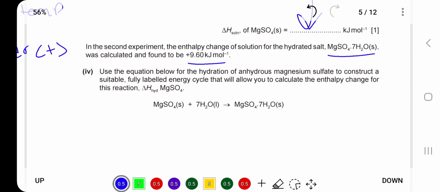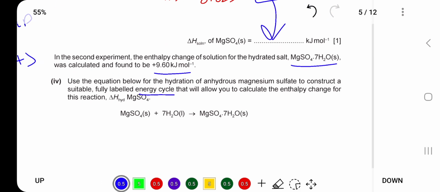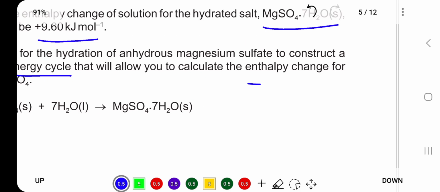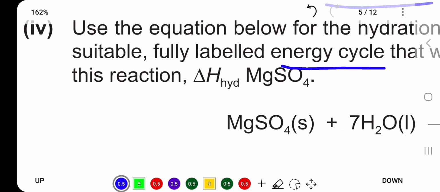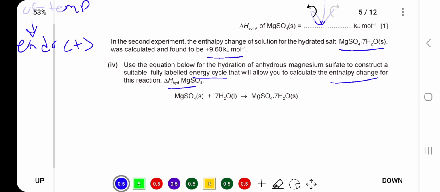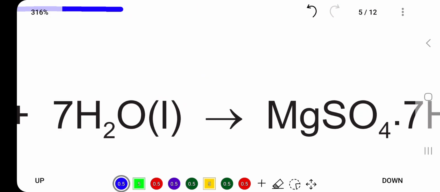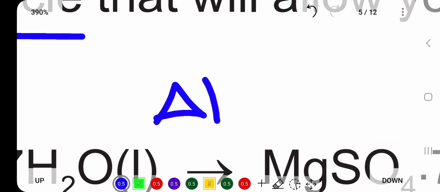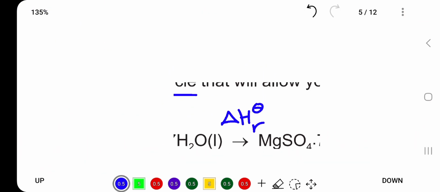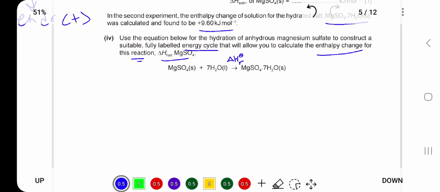Construct a suitable energy cycle, which will allow you to calculate the enthalpy change for this reaction. Sorry, by the way, we're just reading it now so you do not get confused as well.